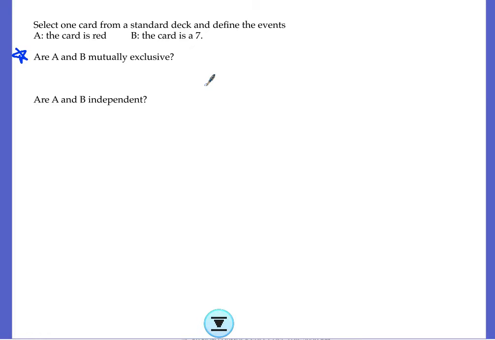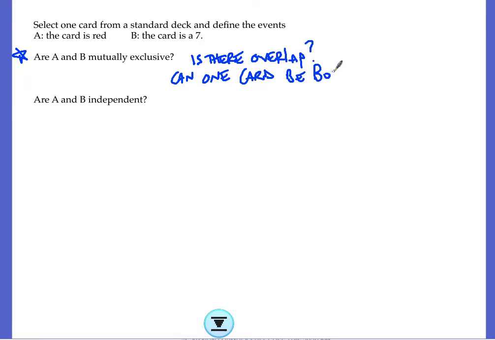Ask yourself, is there any overlap? Can one card be both red and a 7?